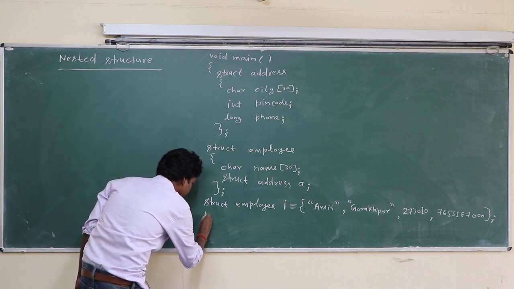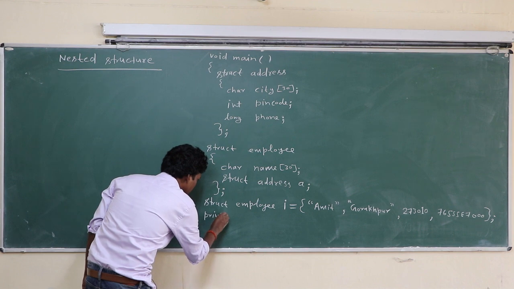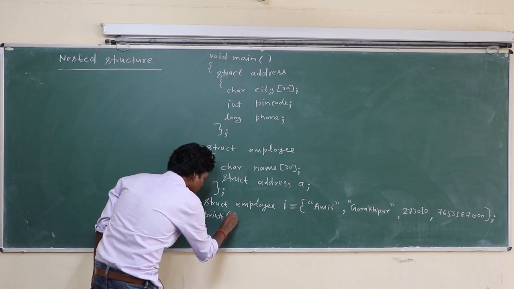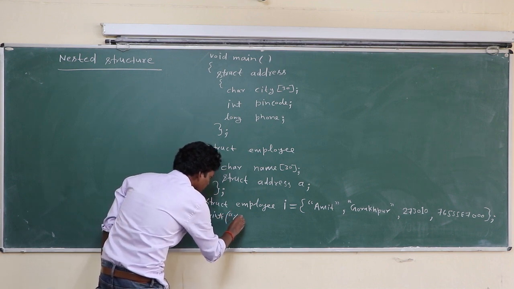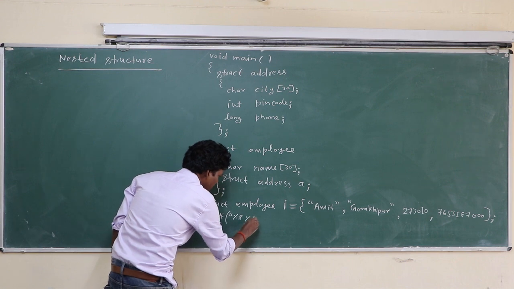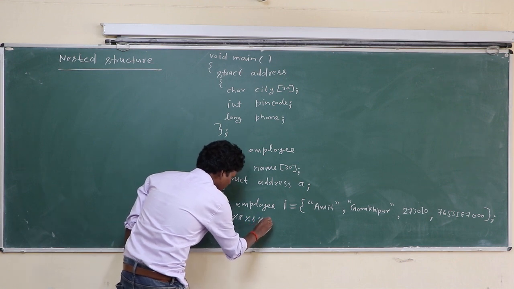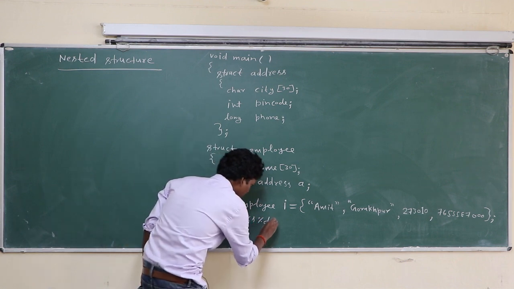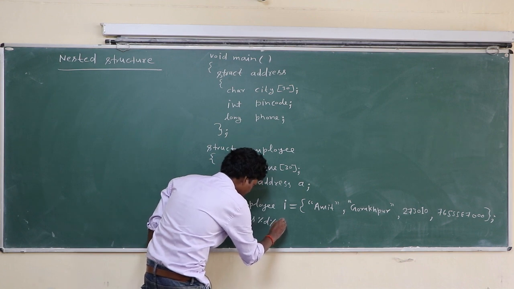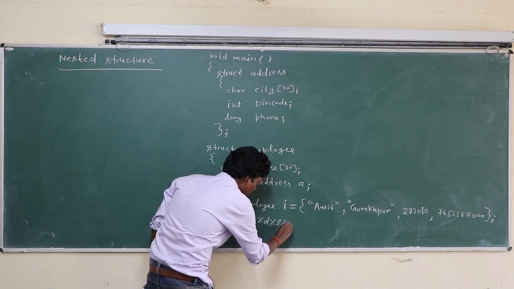Printf: %s for name, %s for city, %d for pin code, %ld for phone number.